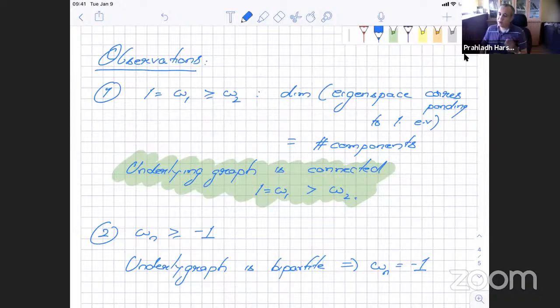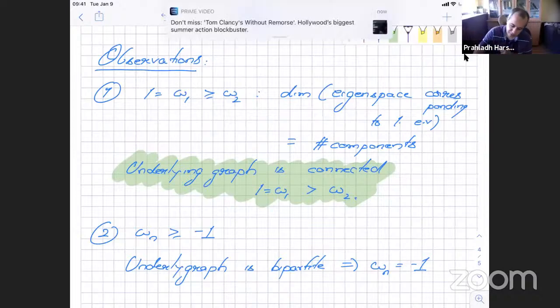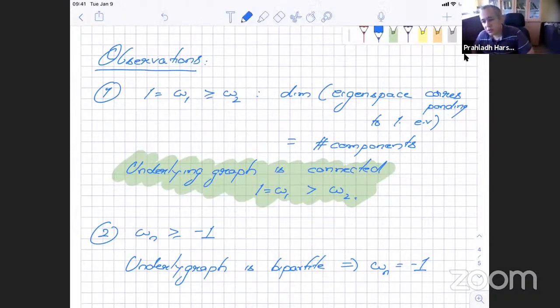Now I want to ask about the other direction. Suppose omega n is equal to -1. What you will see in problem set 4 is that the other direction is also true.